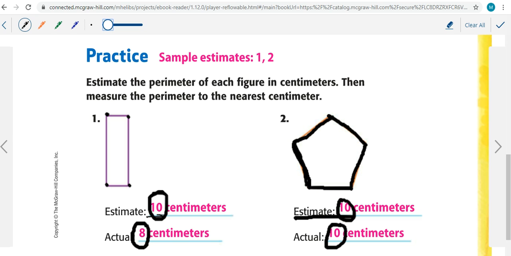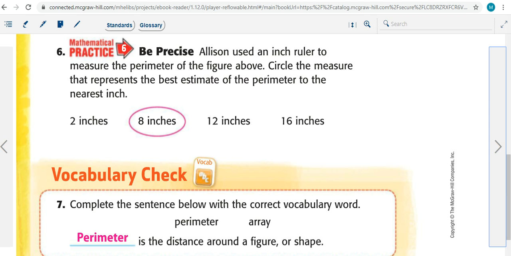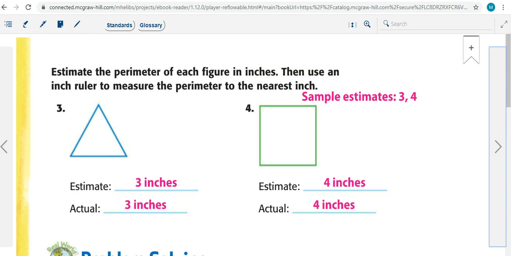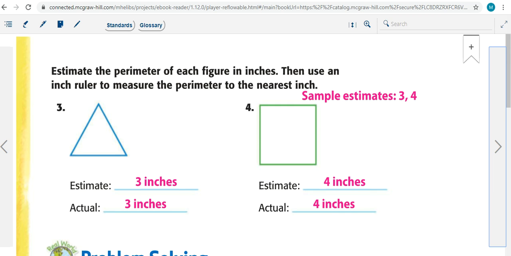You cannot say that this rectangle, this figure number 1 is 8,000 centimeters. You have to be reasonable, okay? Now, we're almost finished with this part. And now you're going to do the same thing on this part, but in inches. Remember, to find the perimeter, you have to add all of the sides, okay?